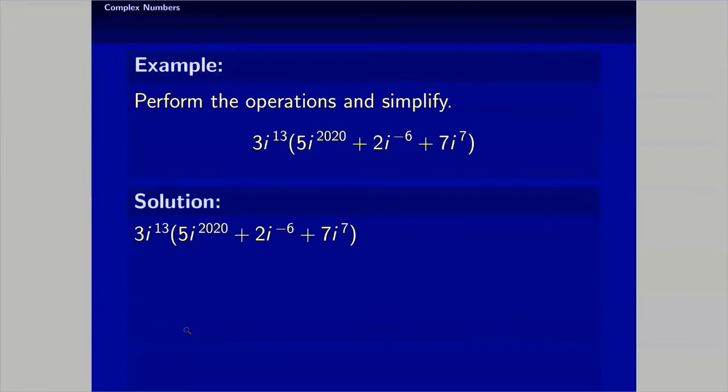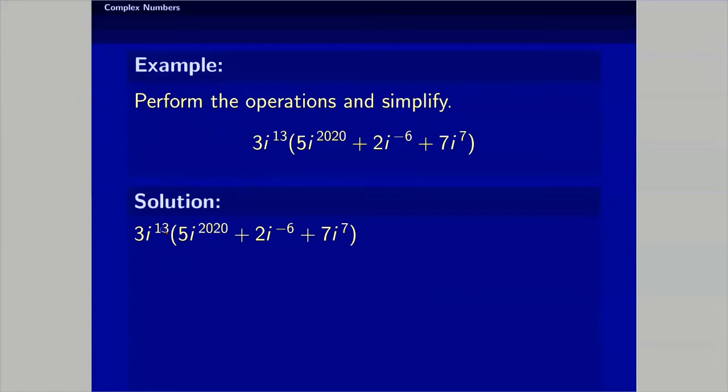Okay, let me copy again the given. So what we will do here is divide the exponent by 4 and then get the remainder. Okay, let's do it one by one. Let's start with i raised to 13. Right? You have i raised to 13. So simple, you just divide 13 by 4.